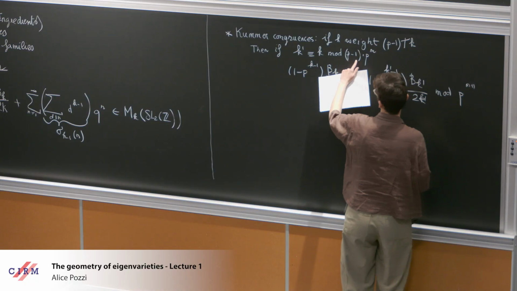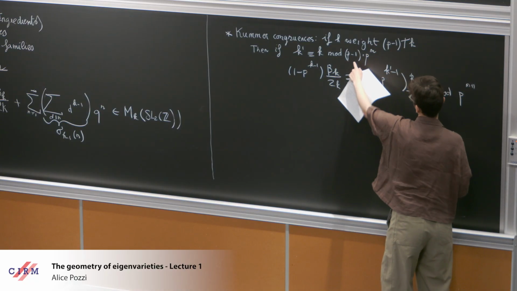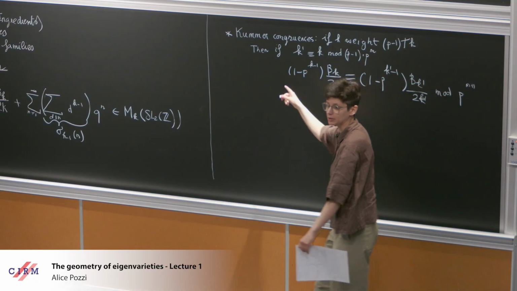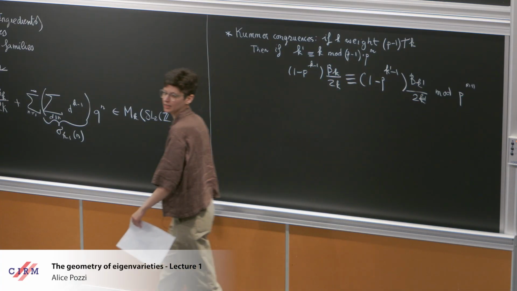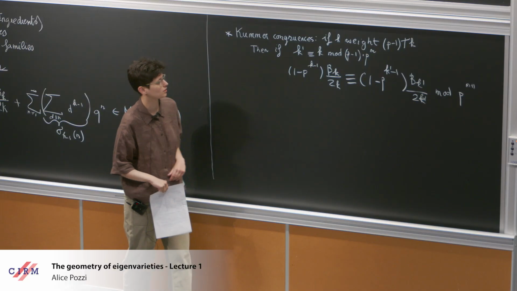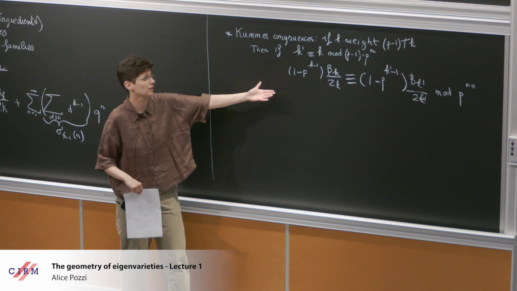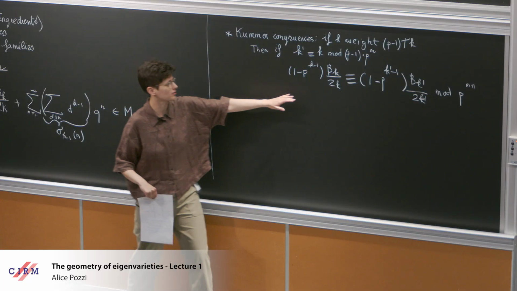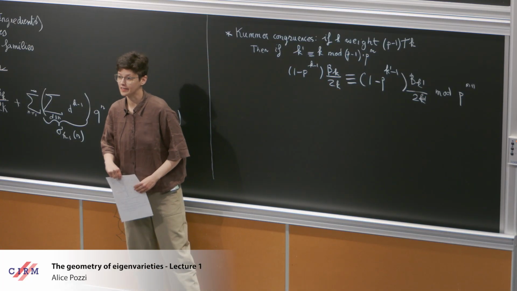In particular, if I have a congruence modulo p minus 1 here, then I get a congruence mod p between these two. So these are the ingredients used for the construction of the famous Kubota-Leopoldt function, which interpolates these.